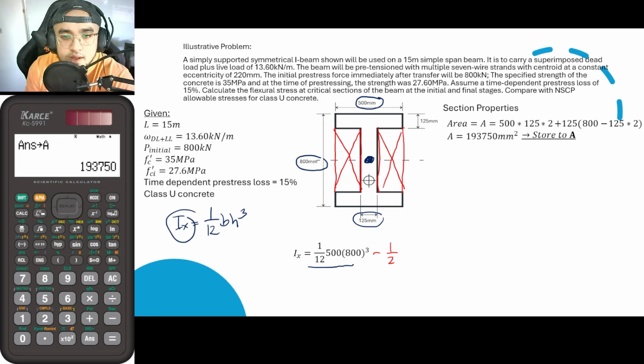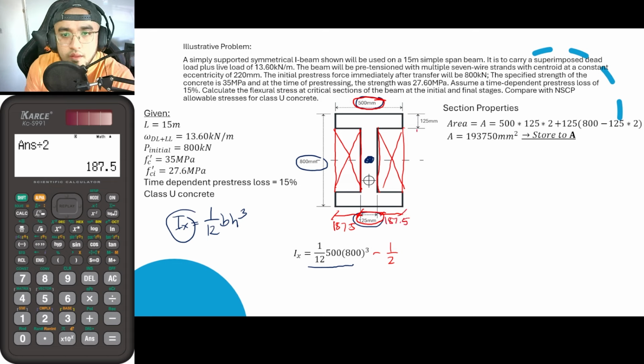If this is now its dimension b, that is now 500 minus 125 divided by 2. So that is 187.5, as well as for the other one.